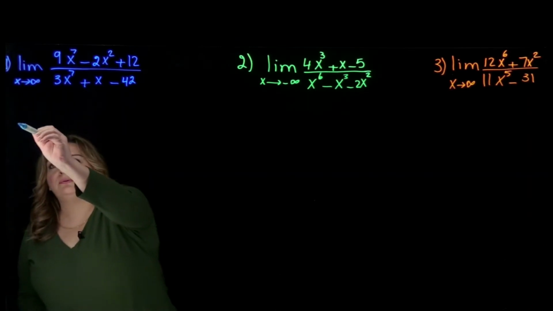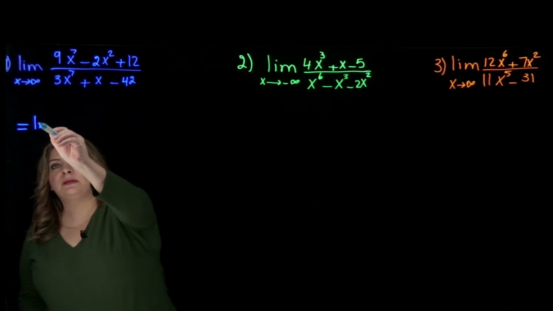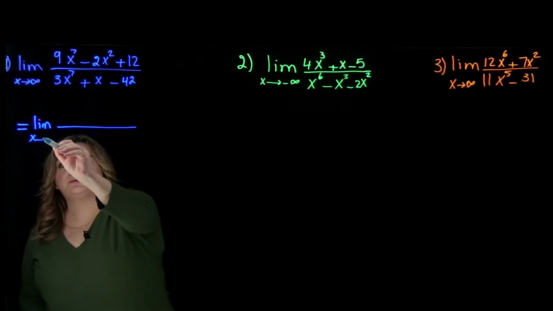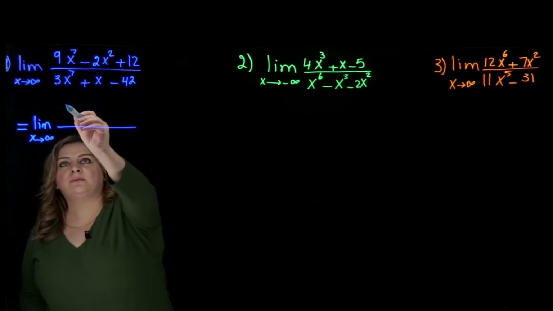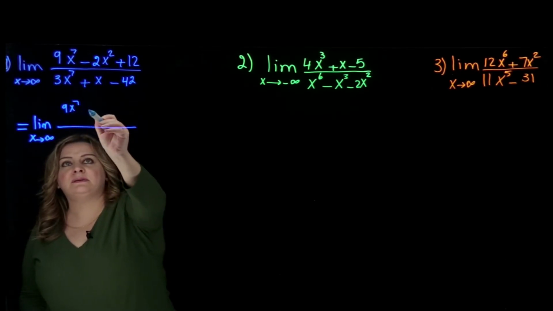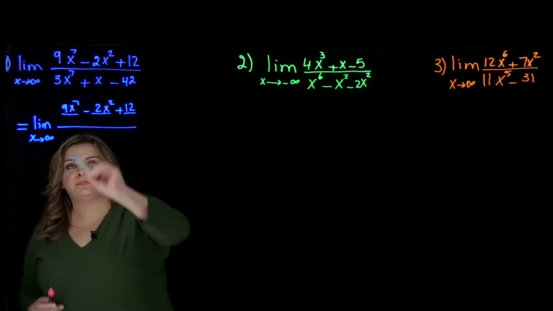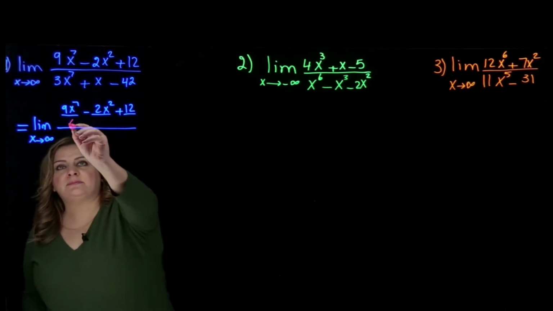This is going to equal the limit of our function as x approaches infinity. Now we have 9x to the 7 minus 2x squared plus 12, and we want to divide each term by x to the 7.